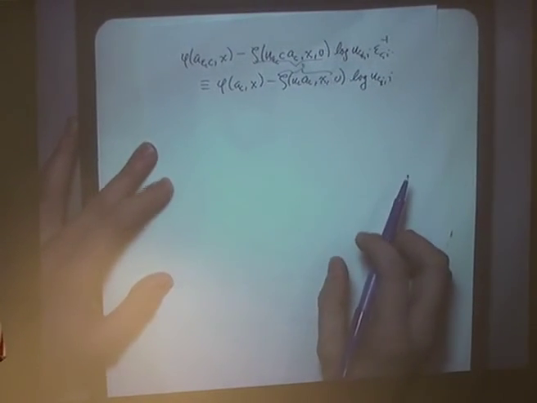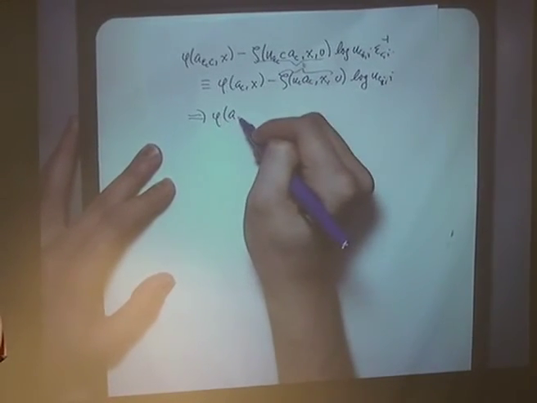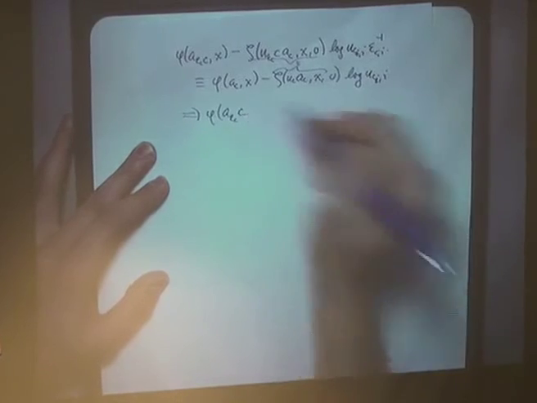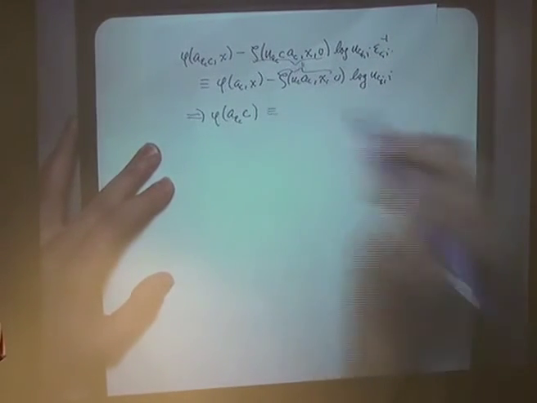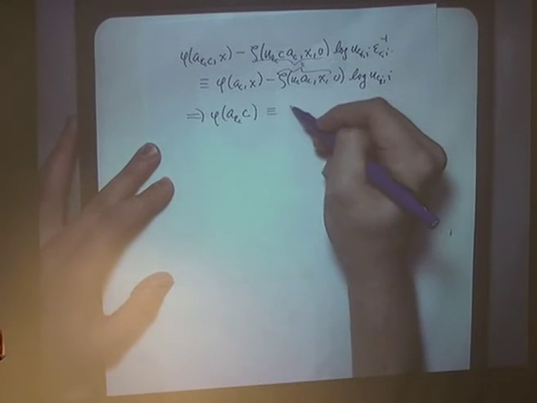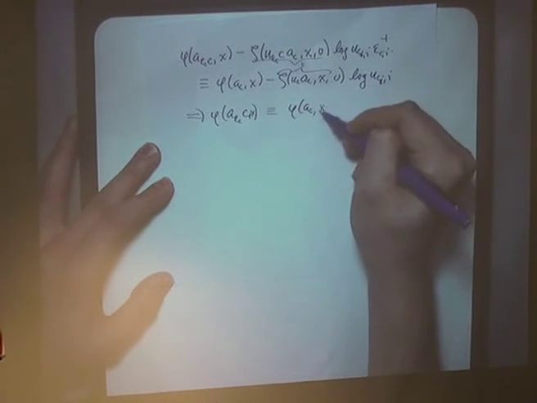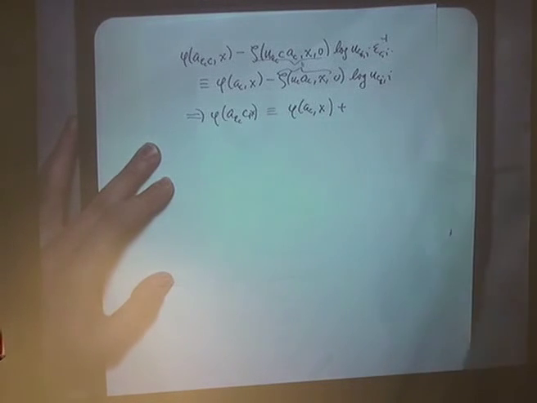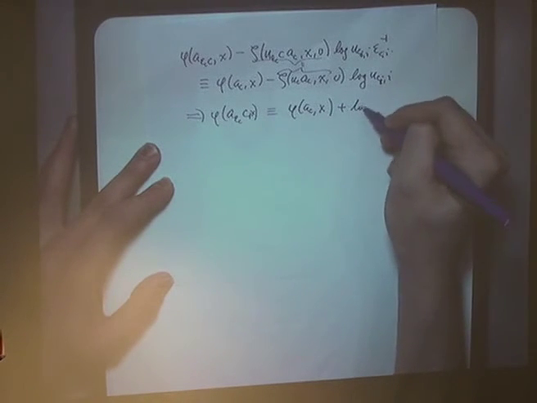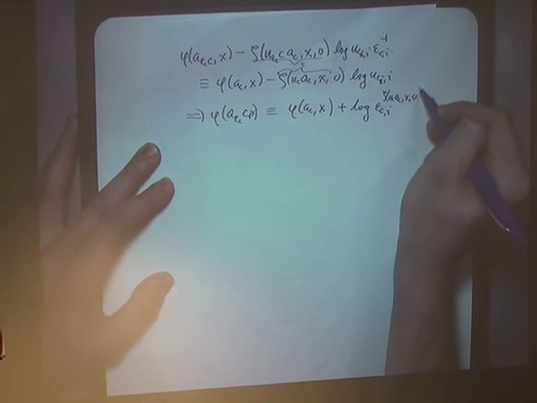And so what we conclude is that phi of A epsilon C will be congruent to phi of ACX, I missed an X here, sorry, plus, let me write it in this way, the logarithm of epsilon C I to the power of zeta UC ACX 0.